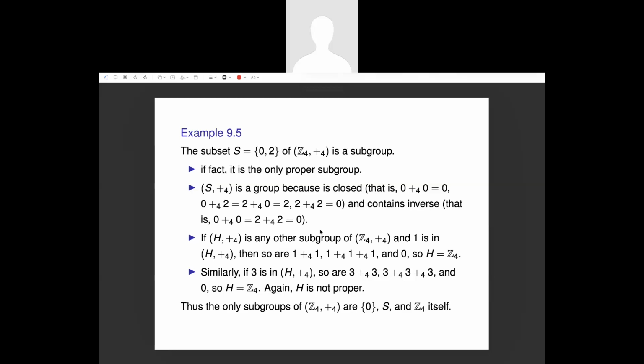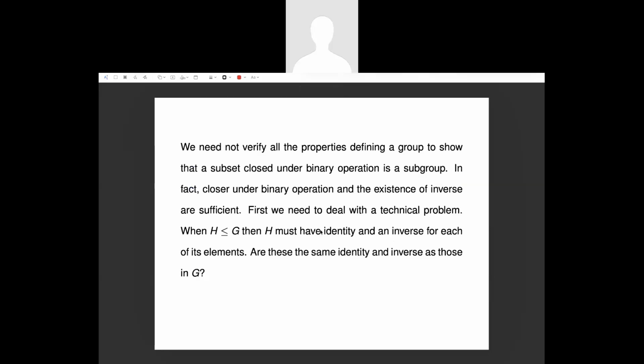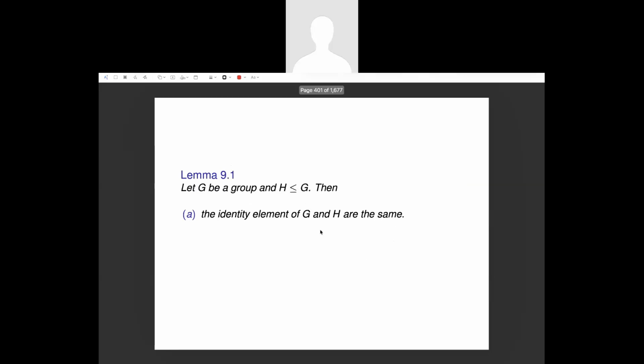So there is a result, a lemma, which says that if G is a group and H is a subgroup of G, then the identity elements of G and H are the same. We can say this because the identity element of a group is unique, and if H is a subset of G, then H itself is a subgroup. So only this possibility is there.